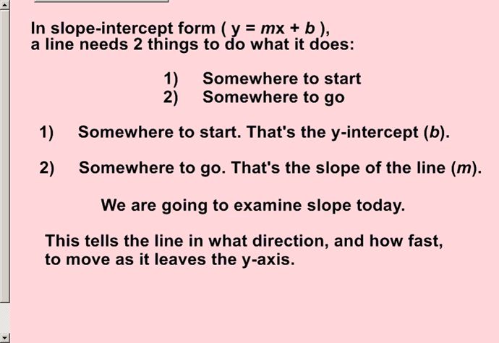It could be moving very quickly, which means it's very steep and heads off the top or the bottom of the graph in a big hurry. Or perhaps it's very shallow, meaning it moves more sideways than upward, so it would maybe move off the left side or the right side of the graph. So we'll learn to read the slope value in order to understand what it has to tell us.